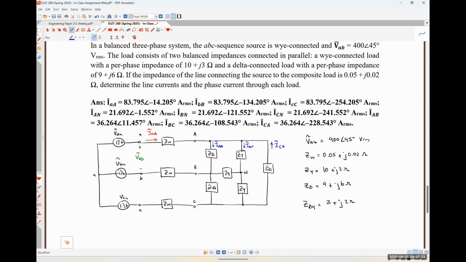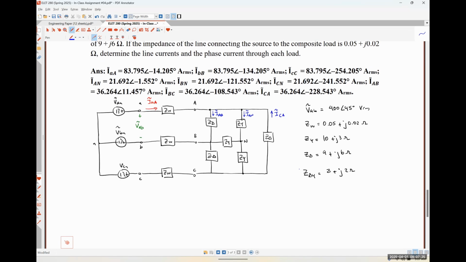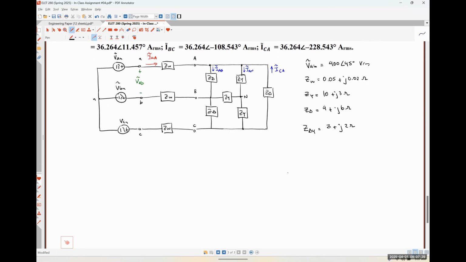Okay. So if I were to draw my single phase equivalent circuit for this guy, it would look something like this. So here's the voltage VAN, which I currently do not know. Here's my impedance ZW, which is a known quantity.